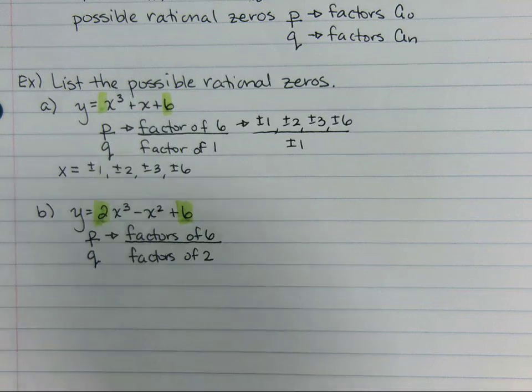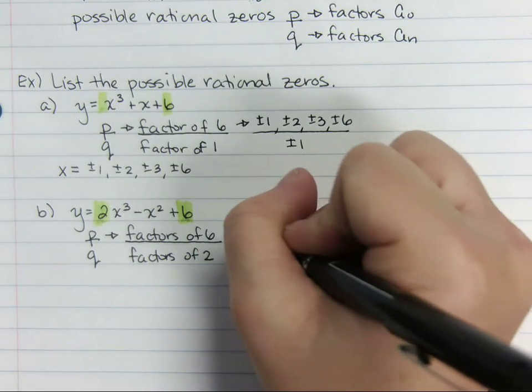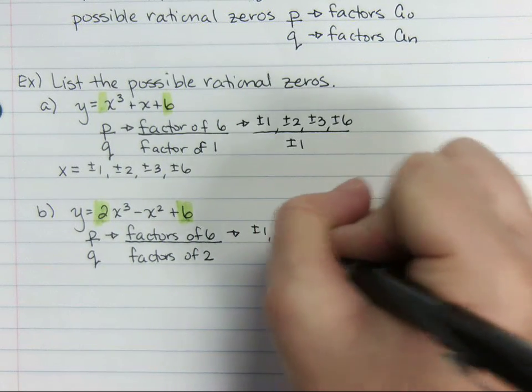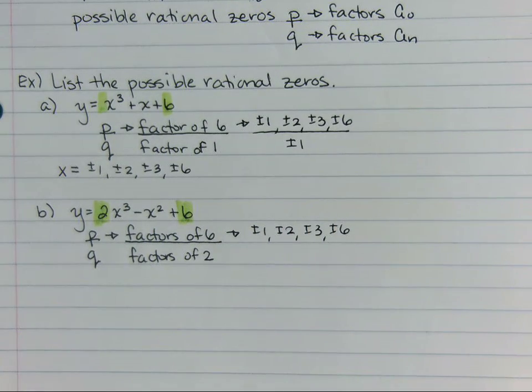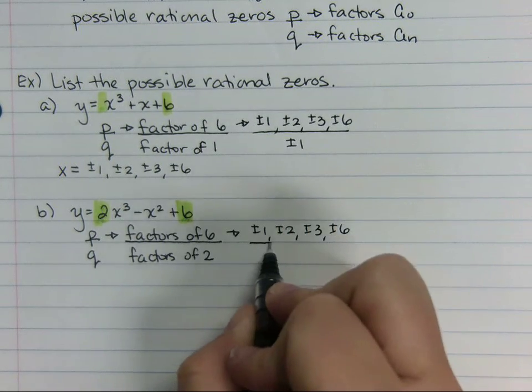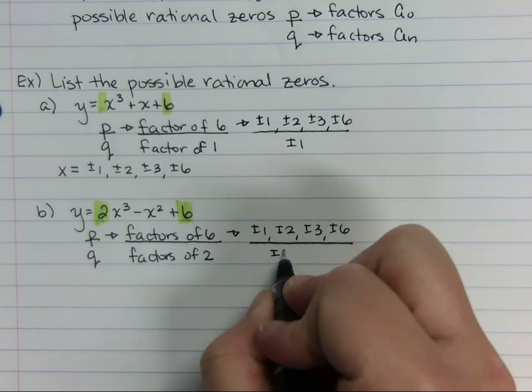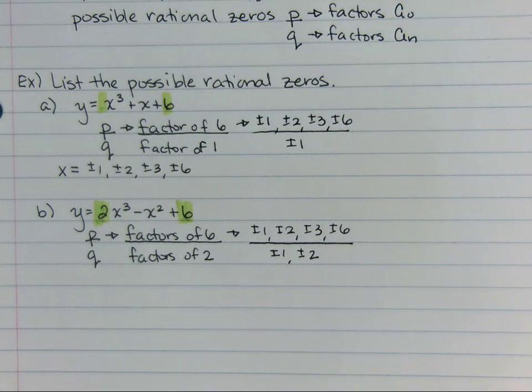So part of what you need to do is actually list out all of your factors. The factors themselves don't have to be in order, but you have to make sure you have them all. And so now I've got more options for the denominator. So now I'm going to have a lot more possibilities.